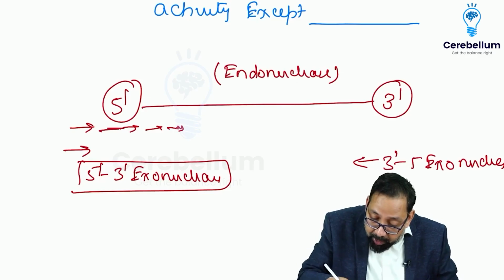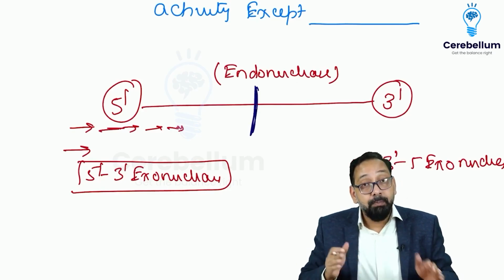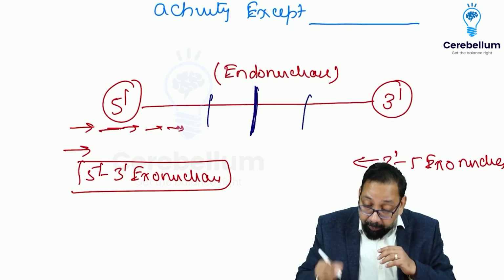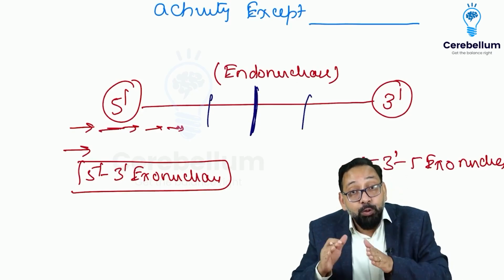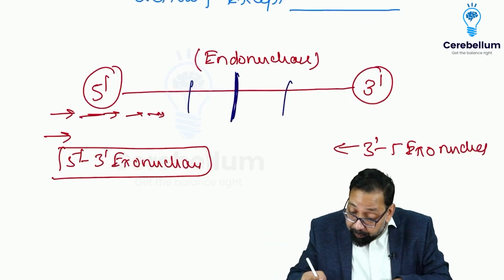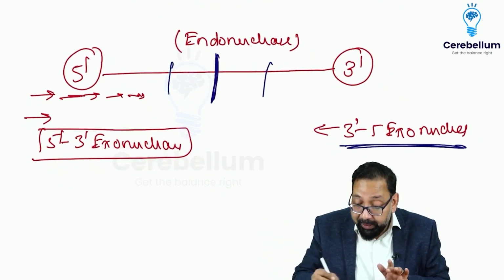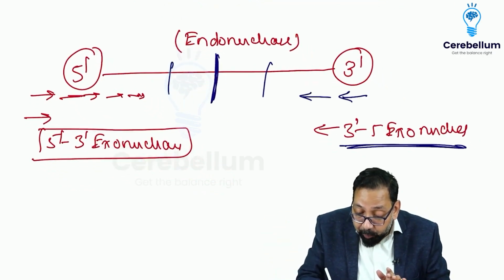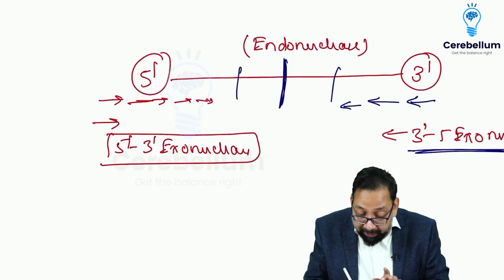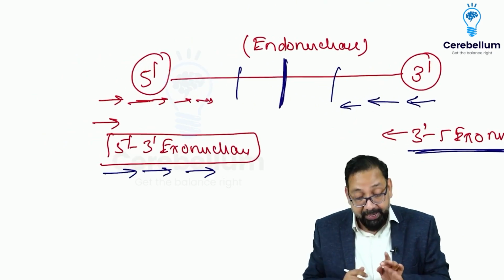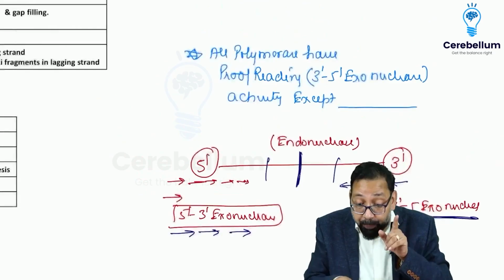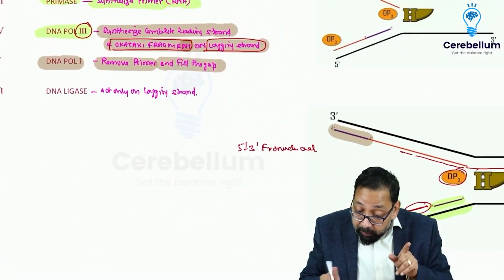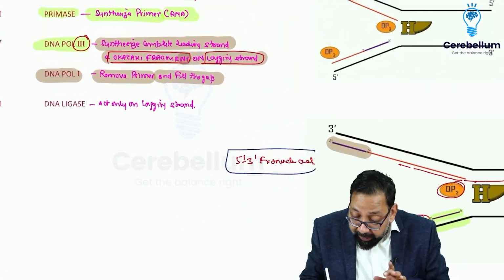Endonuclease cuts from the middle, and exonuclease cuts from the end. So 3 to 5 exonuclease will cut from the 3 end and move towards the 5 end. 5 to 3 exonuclease will move from the 5 to 3 direction. This question is asked. So primer removal is 5 to 3 exonuclease activity.